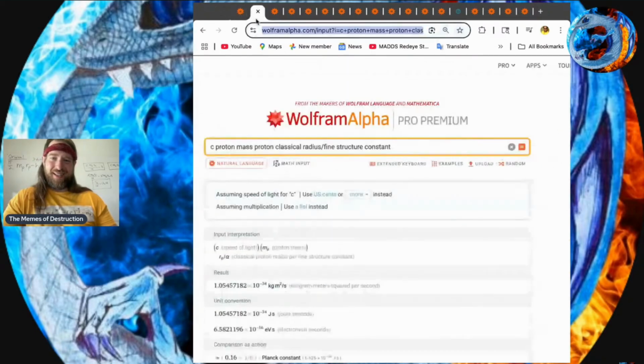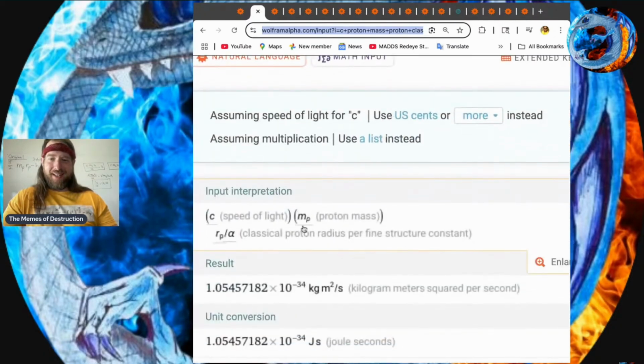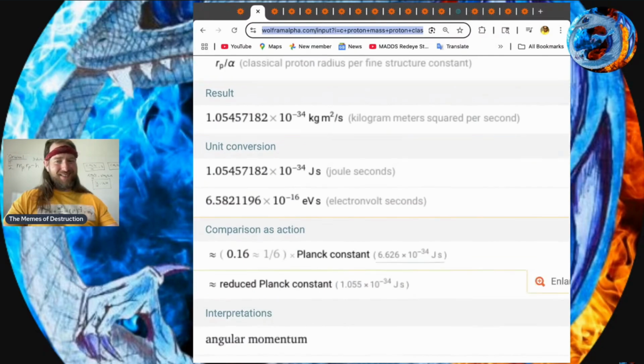So we go over here. So we take that whole thing. We're taking the speed of light, the mass of the proton, and then we're taking the proton's classical radius, and we're just dividing this whole thing by the fine structure constant. And then we get these numbers here, which, oh, looky. This seems to be about the first 9 significant digits.